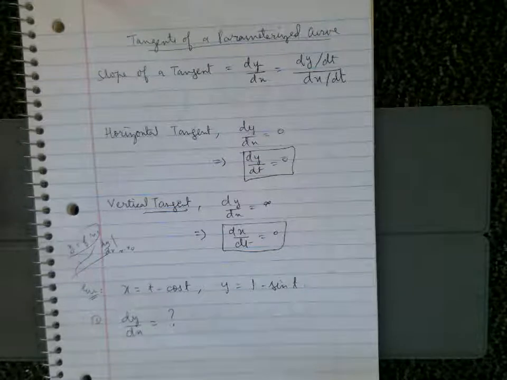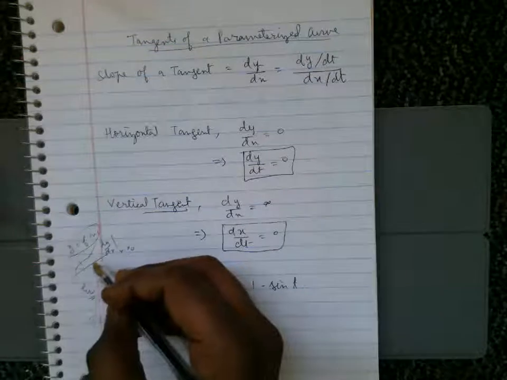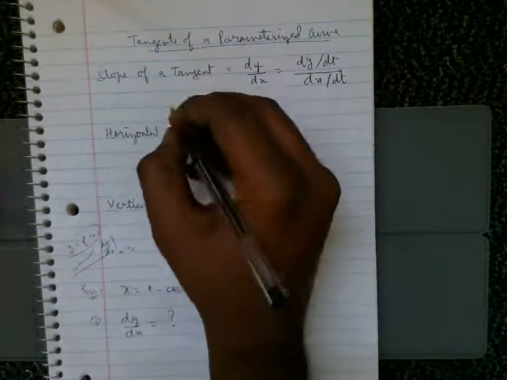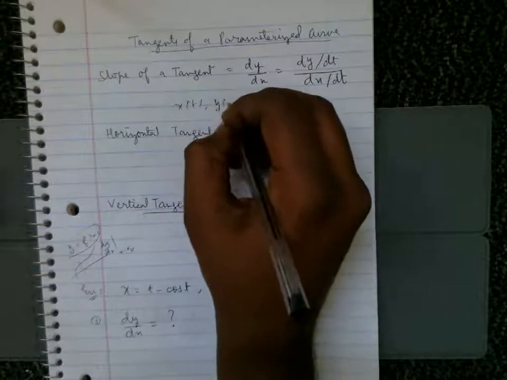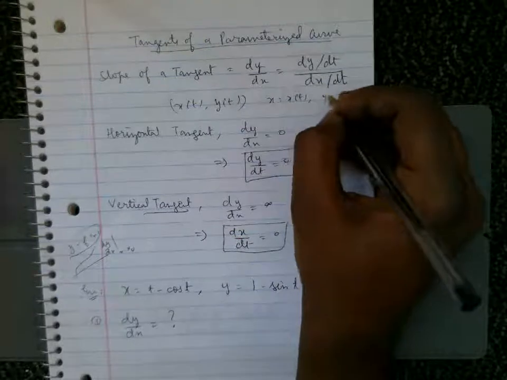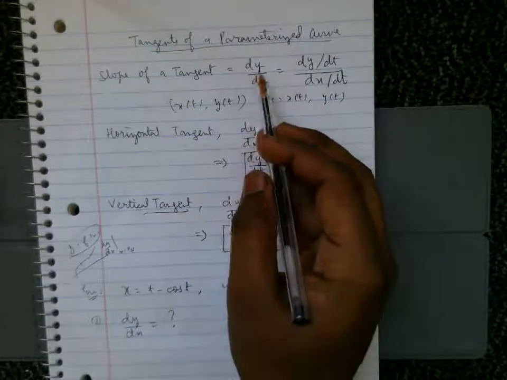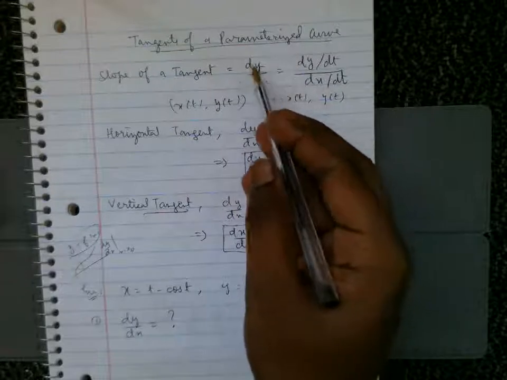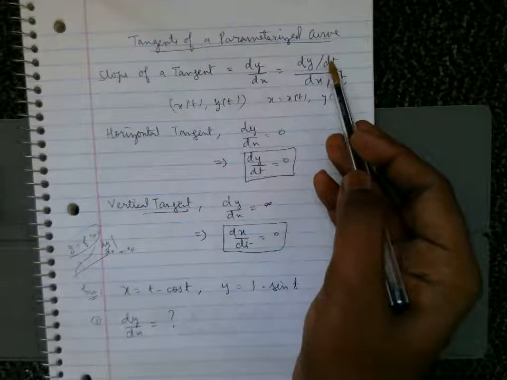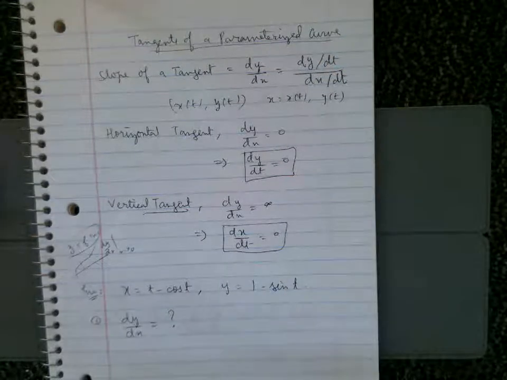When you find this derivative, it will be the slope of the tangent. Similarly, if you have a parameterized curve x of t comma y of t, which means x is equal to x of t and y is equal to y of t, in that case the slope of the tangent is dy by dx, which is equal to dy by dt divided by dx by dt.